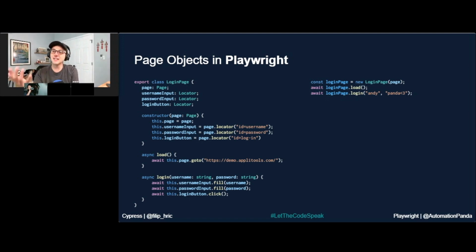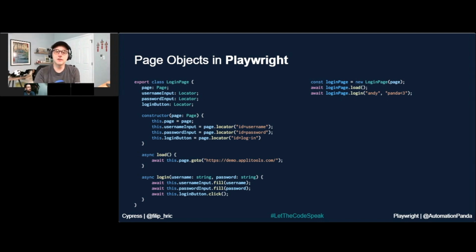And because it's in TypeScript, that's why we have to declare all of our variables at the top. If this were JavaScript, you could smack them on as you go, but in TypeScript, everything is explicit rather than implicit, you define it. So at the top, we've defined the page object that will be injected via dependency injection, as well as the locator objects that we will build from that Playwright page object.